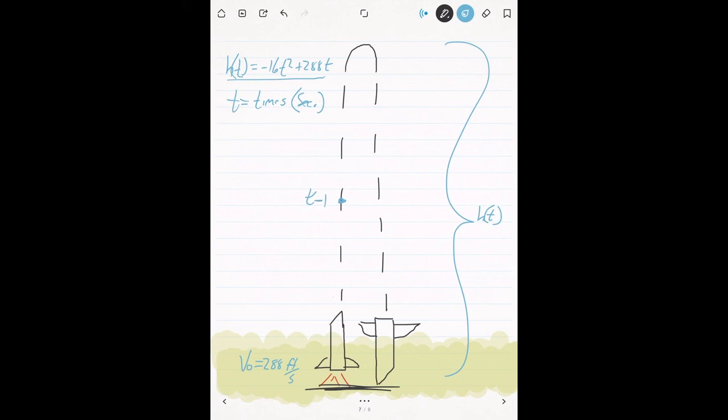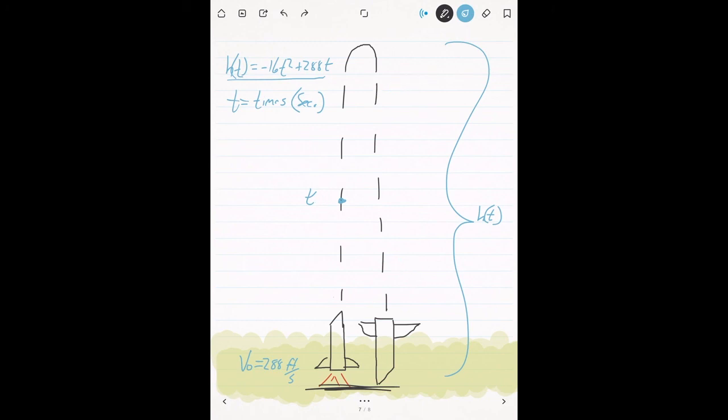Maybe after 1 second, it was right here. And maybe after 3 seconds, it was starting to come down. And then maybe after 10 seconds, it was right here. So the idea is, as time changes, so does the height.